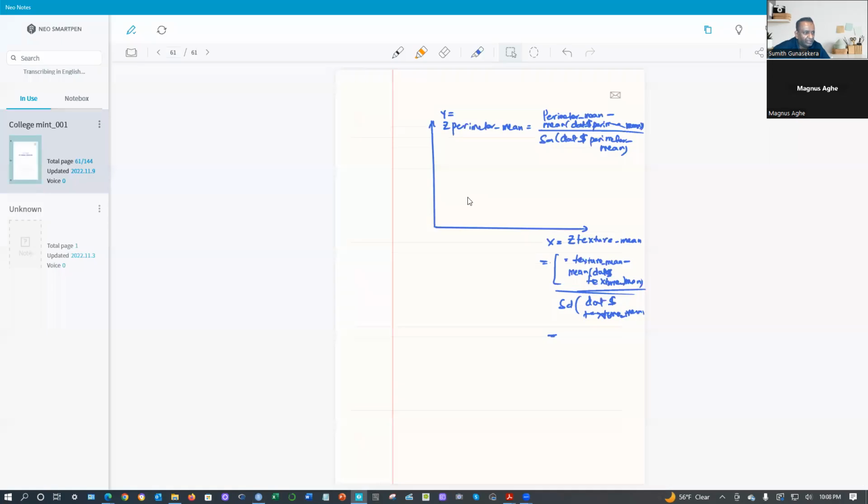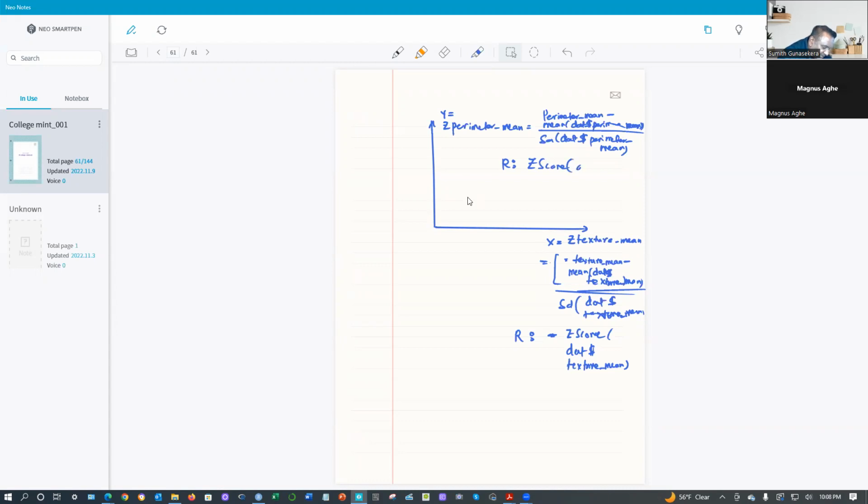The same thing equals, in R, the scale of texture mean, easily for everybody. This is in R, the Z score, go to that perimeter mean.